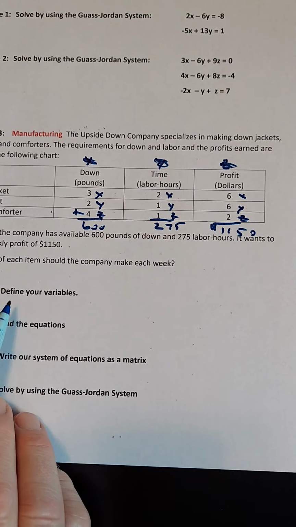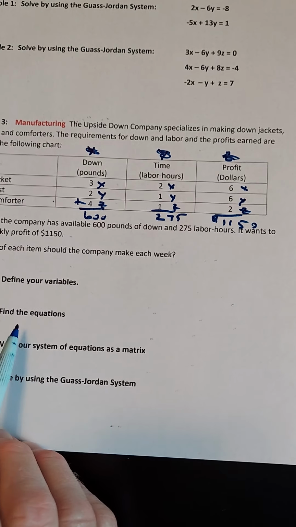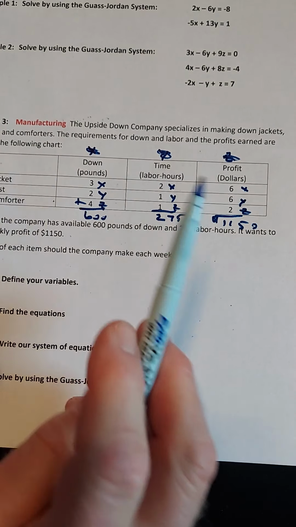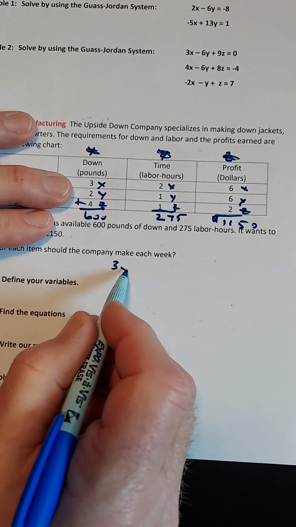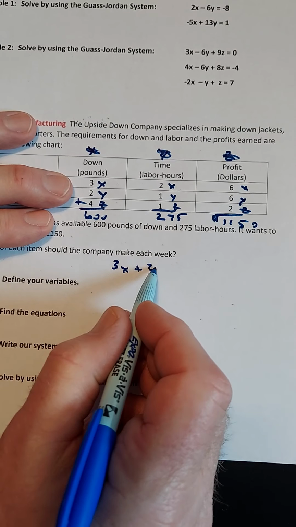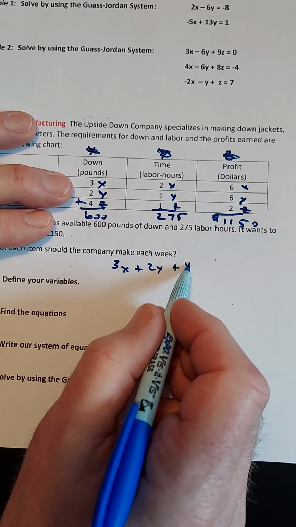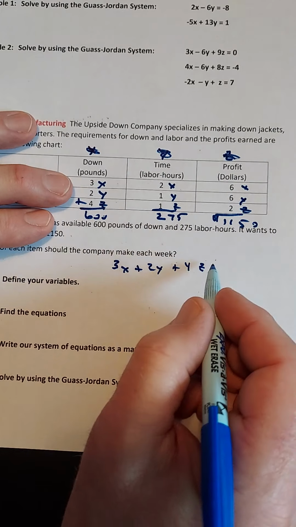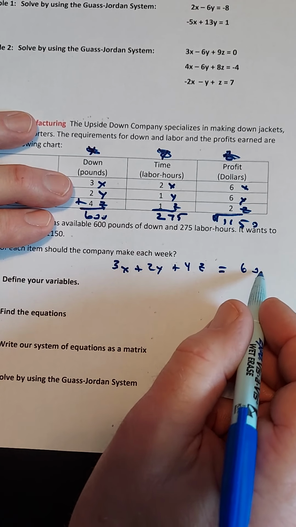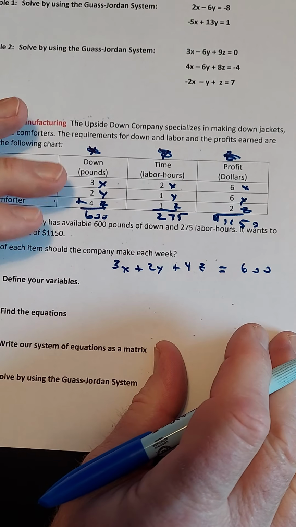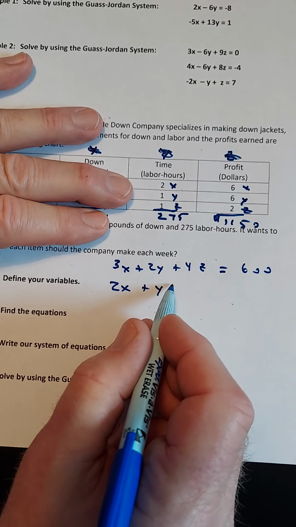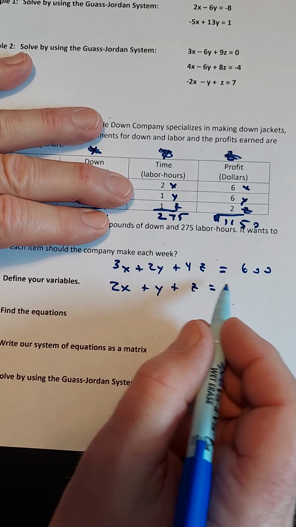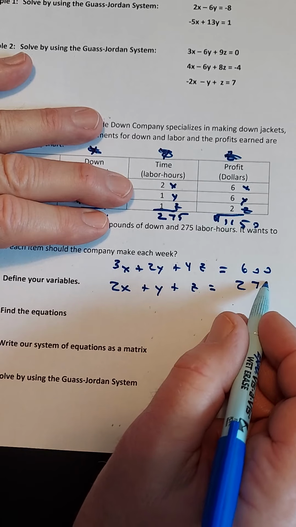Okay, so we define our variables, and then we want our equations. So the equations are going to be this. You can see it right here. You're going to have 3X plus 2Y plus 4Z equals 600. And then for the time, I'm going to have 2X plus Y plus Z equals 275.